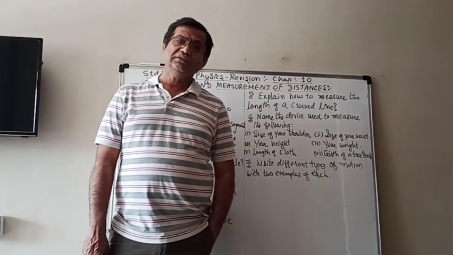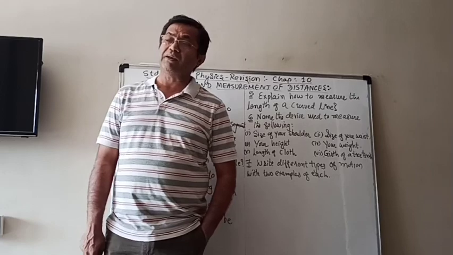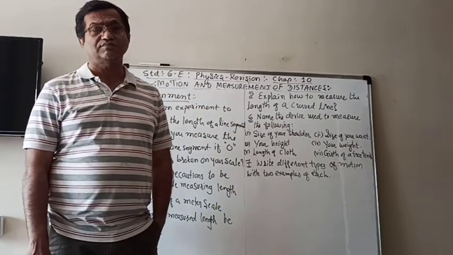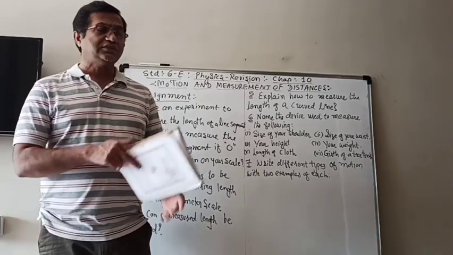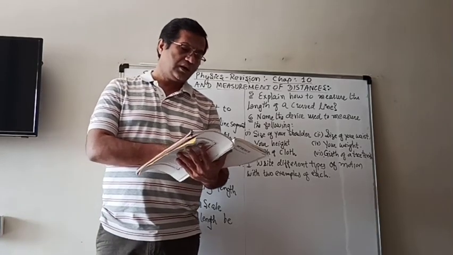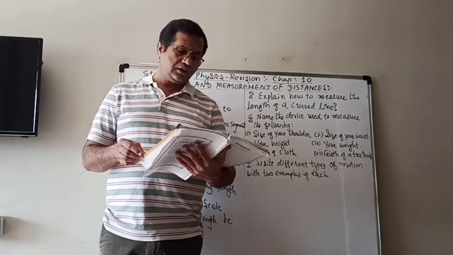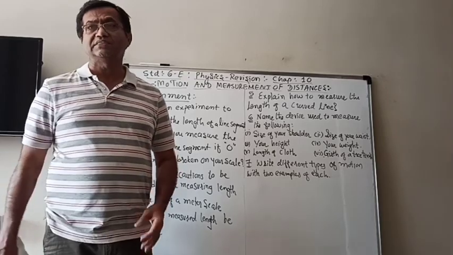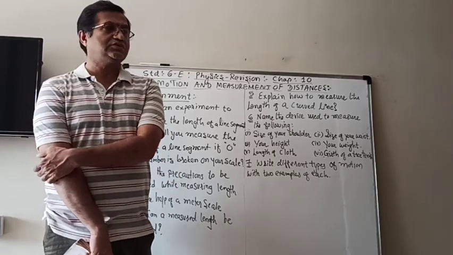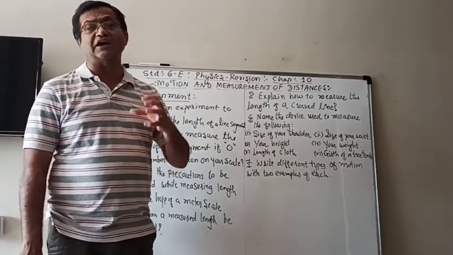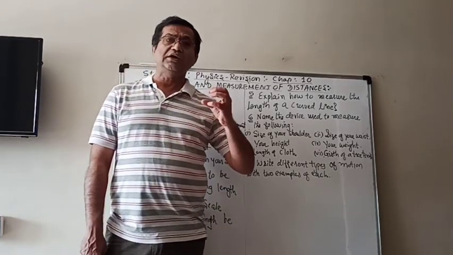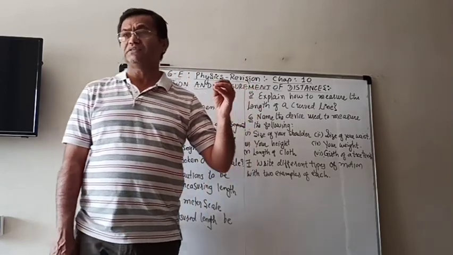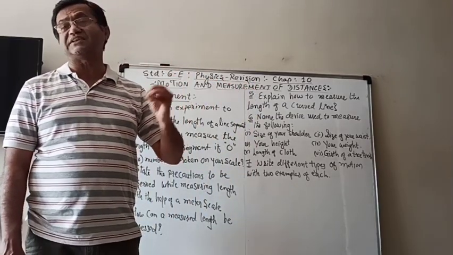And then there was a requirement of standard measurement, standard units. And then the French, in the year 1790, introduced a set of standard units in a metric system, and in that the units are universally accepted.